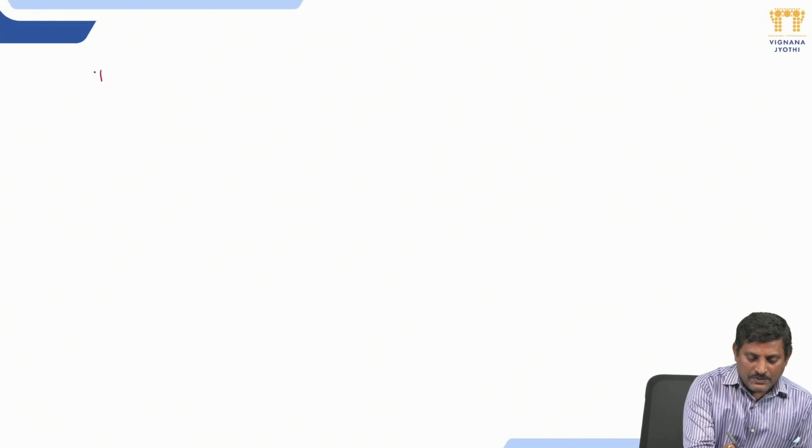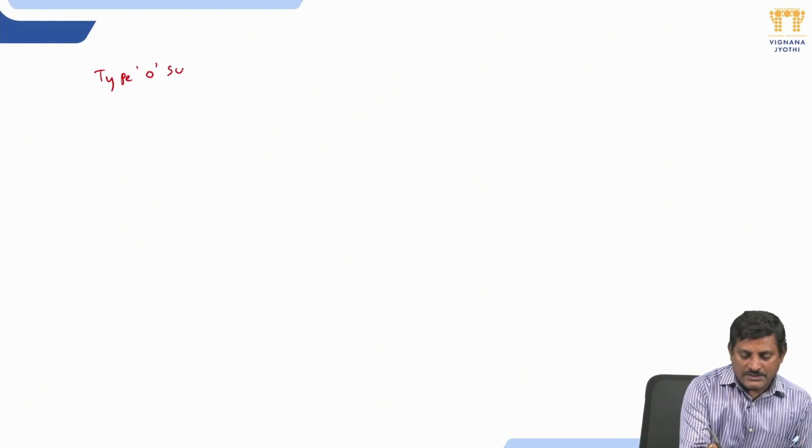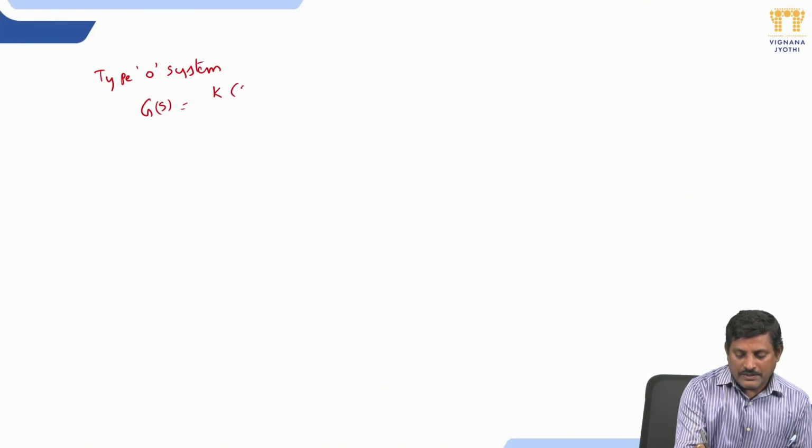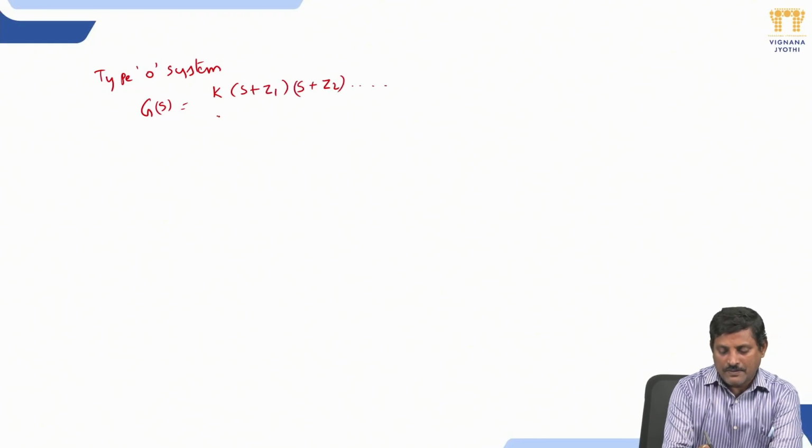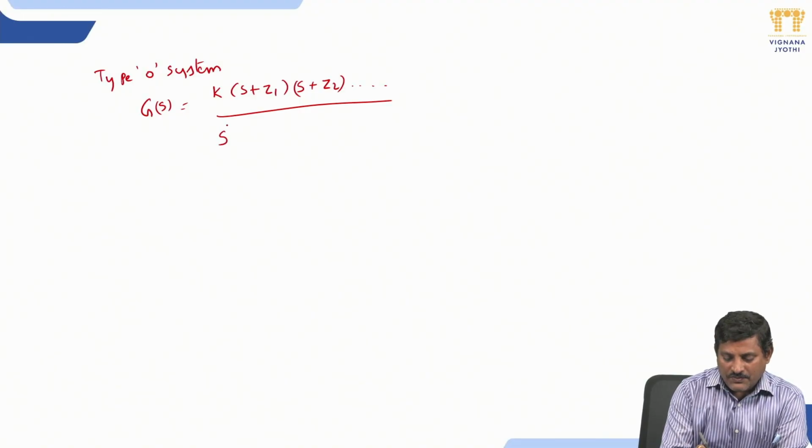Type 0 system means G of s is equal to K into (s plus z1) into (s plus z2) etc., by s power 0 into (s plus p1) into (s plus p2), like that.